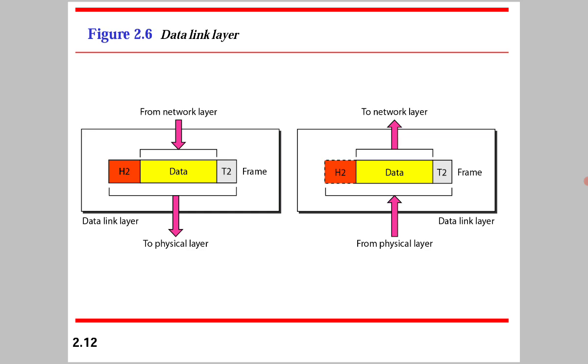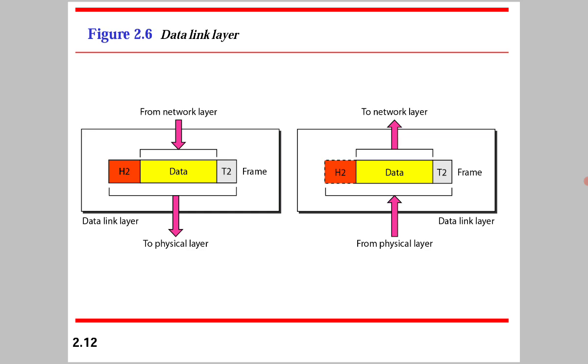From host 1 and host 2, or node 1 and node 2: in node 1, from the network layer we receive the data information in this format, h2 data t2. It is called a frame, and this is the syntax of a frame. Every frame has three parts: header, data, and a trailer t2. It passes the data or information to the physical layer, whereas host 2 receives the same data from the physical layer, in the same format h2 data t2, which is also a frame, and passes it to the network layer.